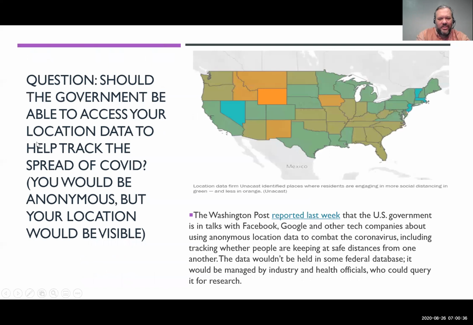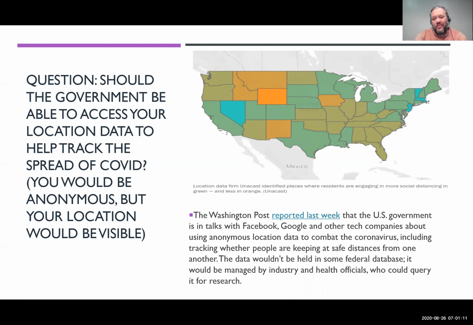Here's the last question I want to leave you with. During COVID, should the government be able to access your phone data, just your location, not tapping into your phone, but accessing your location data anonymously to help look at the spread of COVID and possibly fight it? This was from a couple weeks ago: the Washington Post reported the U.S. government is in talks with Facebook, Google, and other tech companies about using anonymous location data to combat coronavirus.